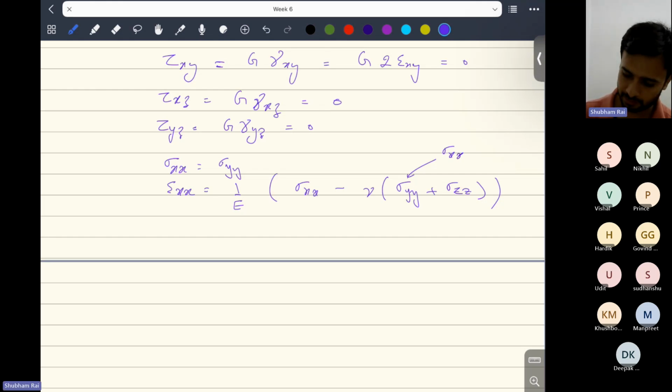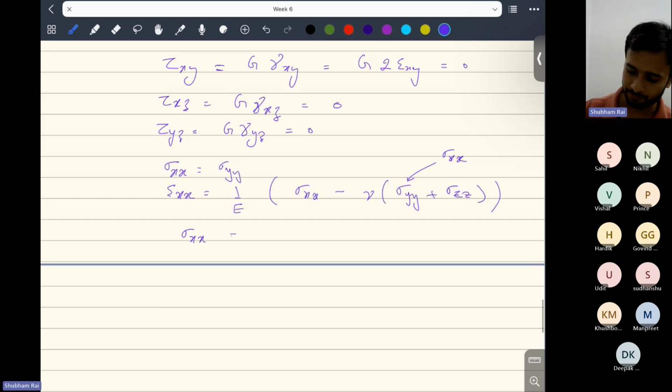You can take sigma xx as common, so this will be sigma xx times 1 minus nu, minus nu times sigma zz.